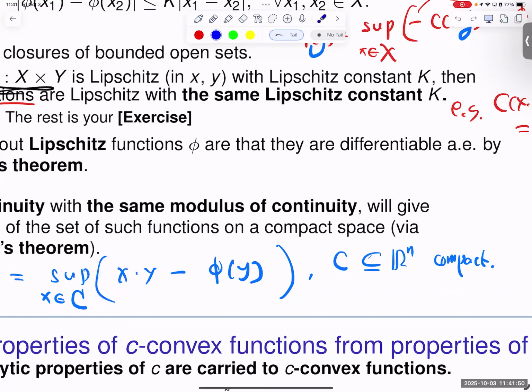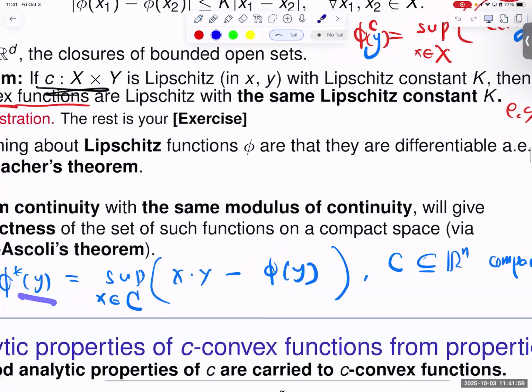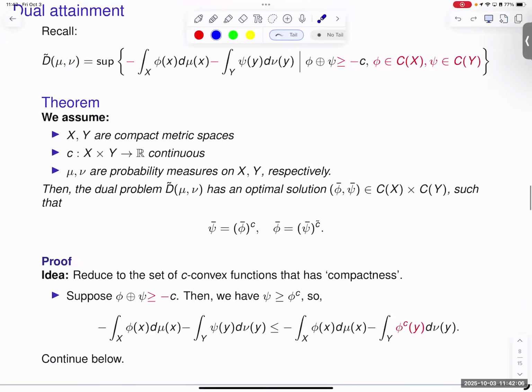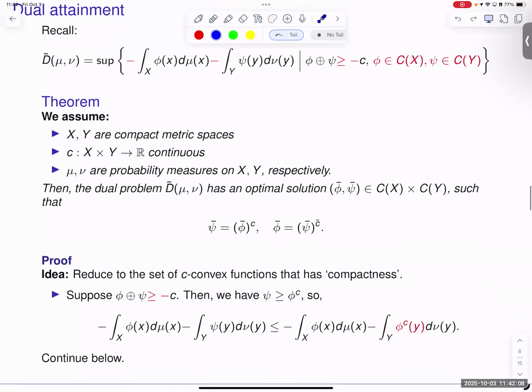So you have this Lipschitz constant applying to the whole family. Then the resulting function is Lipschitz. Get it? Okay, good. So that is relevant to this dual attainment theorem.